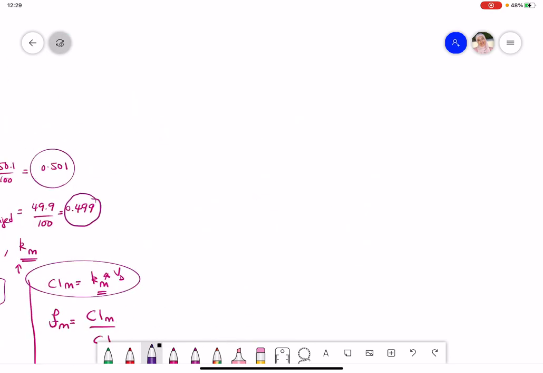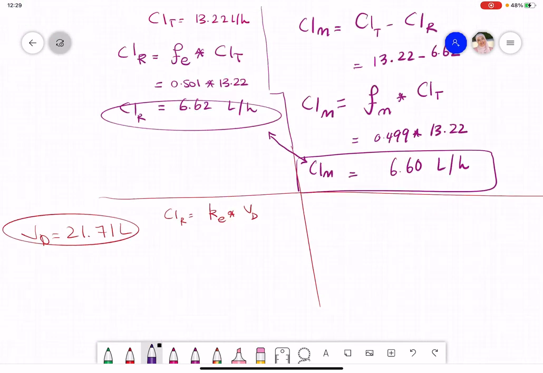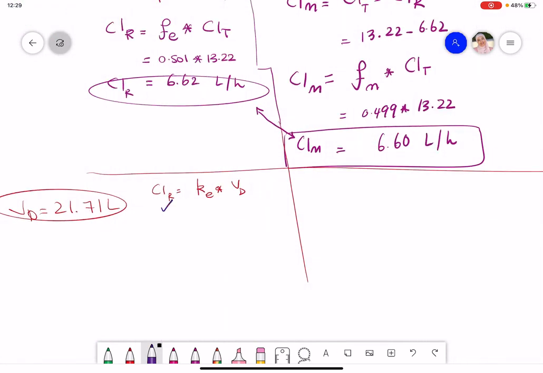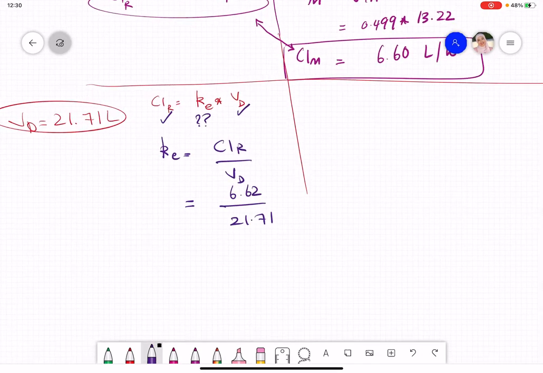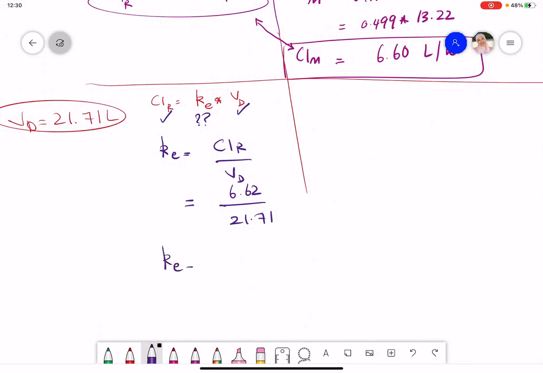So we have this, and we have this, and we need this. So KE equals renal clearance over VD, which will be equal to 6.62 over 21.71. So KE equals 0.305 per hour, or hour to the minus 1.